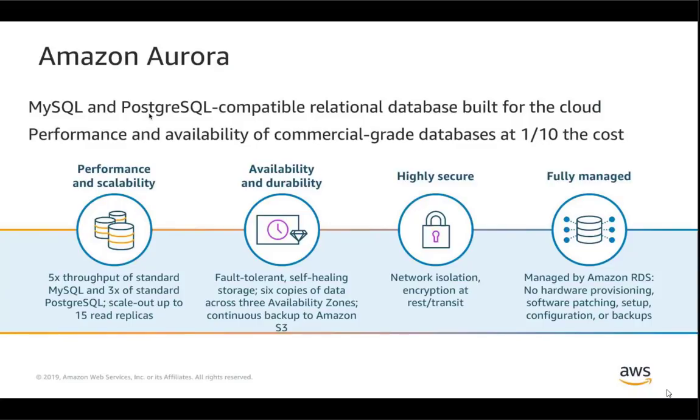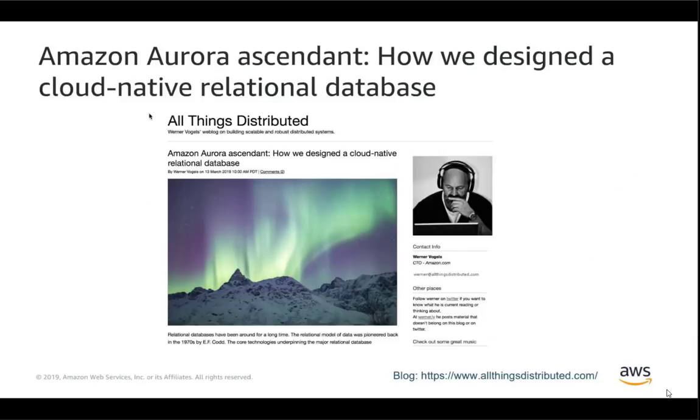Well, Werner Vogels wrote a really nice blog about this not too long ago, about a lot of the technical innovation and some of the concepts and design points that were used to develop Amazon Aurora. So I definitely invite you to look at this blog and also Werner's other blogs. He provides some really good context on a lot of topics related to AWS.